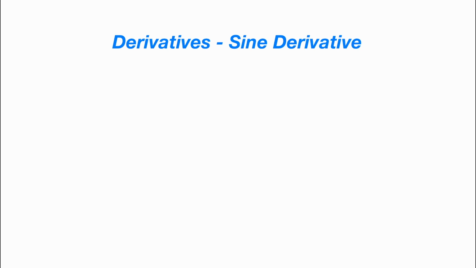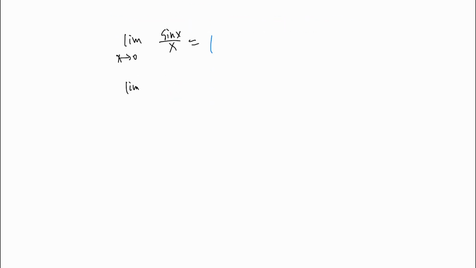So, let's review a little bit. They are the limit as x approaches 0 of sine of x over x, which is equal to 1, and the limit as x approaches 0 of 1 minus cosine of x over x, which is equal to 0.